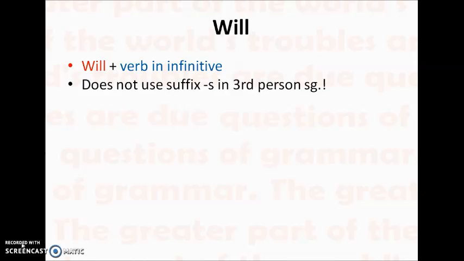Will form consists of the word will plus verb in infinitive form. Unlike the present form, will does not add the suffix s to verbs in third person singular. For expressing negative, we add word not after the will. The short form of will not is won't.